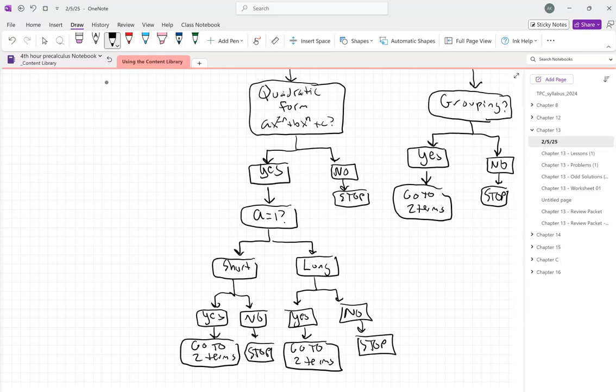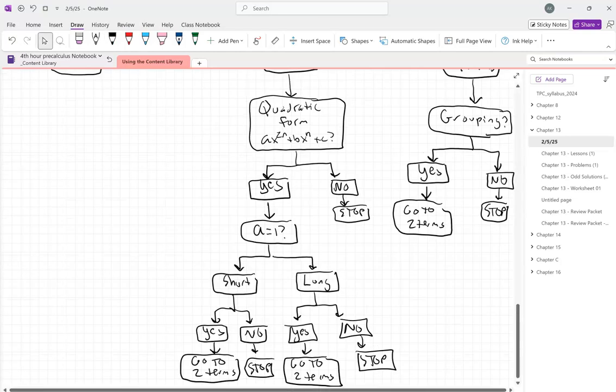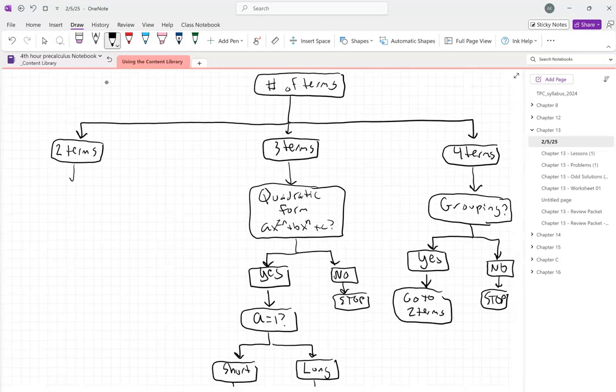Okay. Now we'll build out the very important 2-term branch, because you notice that anytime I'm able to do any other kind of factoring, I would have to check it down the 2-term branch. So this one is really important. The first thing we're going to check is, is it a difference of 2 squares? If it's yes, we'll do that factoring, and then what do we have to do? We have to check those factors down the 2-term branch.